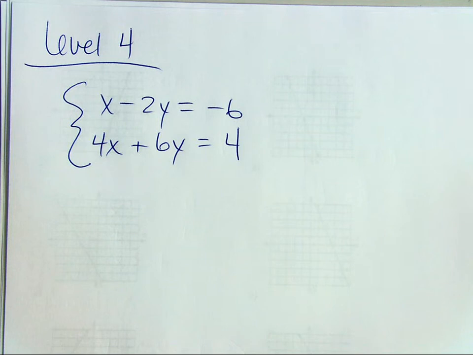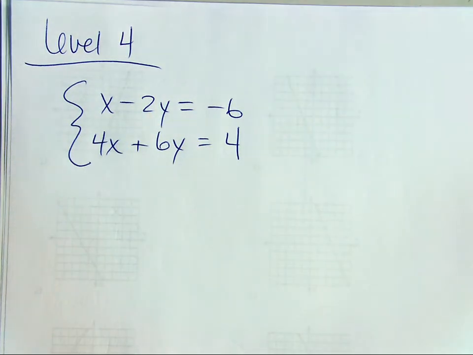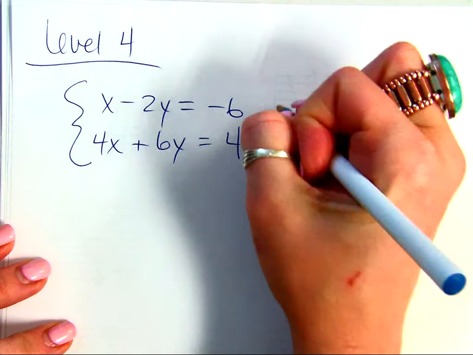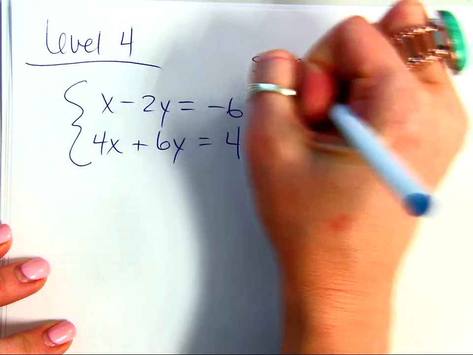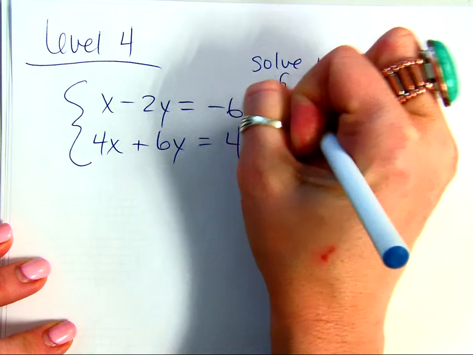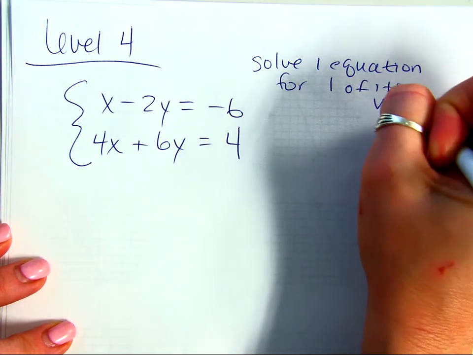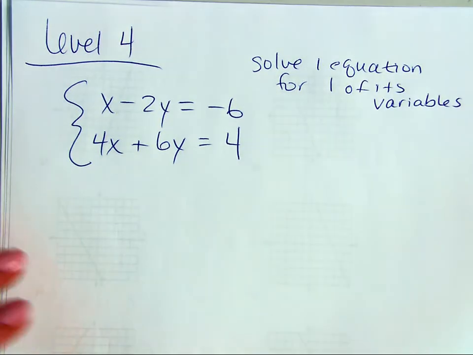So what I'm going to do is take this equation, because as of right now, I don't know what to substitute in for what, because nothing's solved for. So you need to, and this might be your little notes here, solve one equation for one of its variables. That's always going to be the general rule when you get to a level 4 or above.